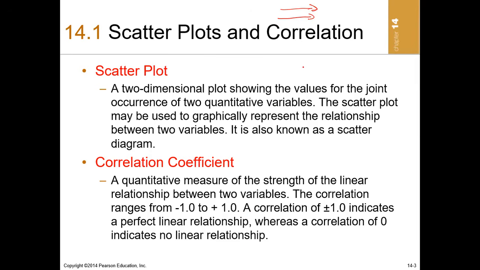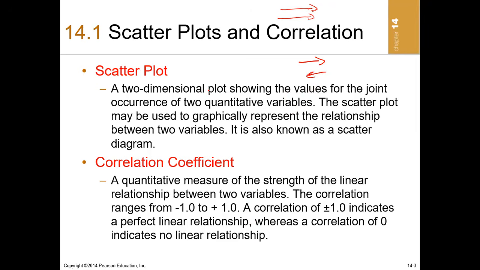And if they have a negative relationship, it means they move in the opposite direction. That is, if one is going to the right, the other will be going to the left. So that is a negative relationship.